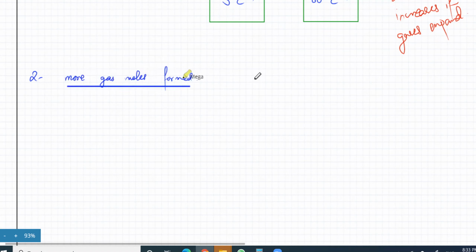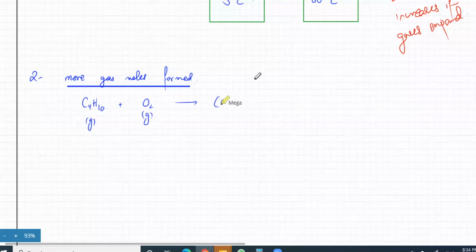So in a chemical reaction, if there's more gas being formed, for example, there is butane, C4H10, and it's a liquid, and let's say the reaction is happening at a higher temperature, so it's in gaseous state, and it burns and produces carbon dioxide and water.